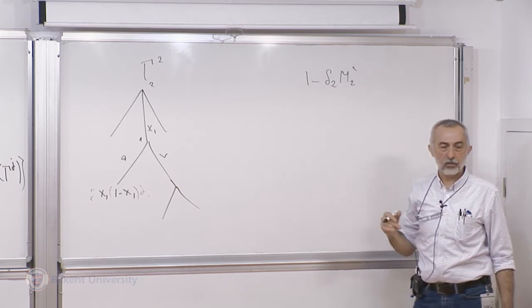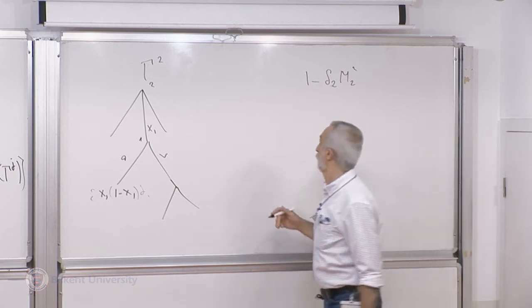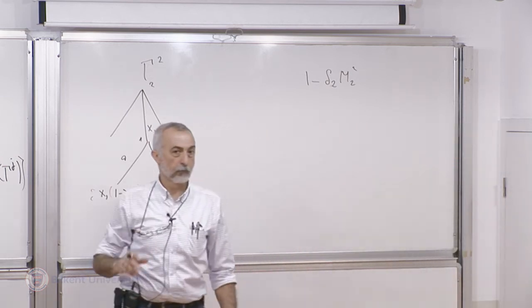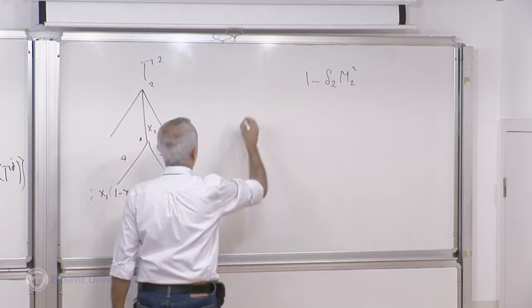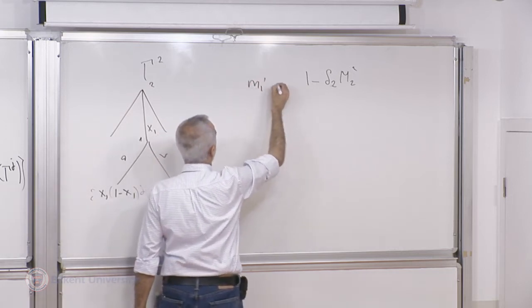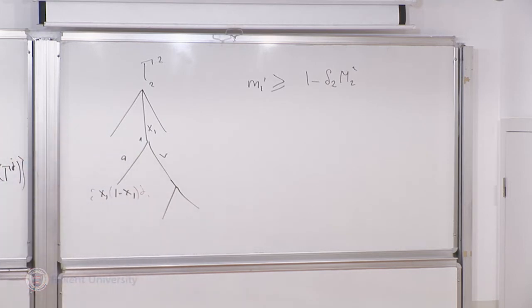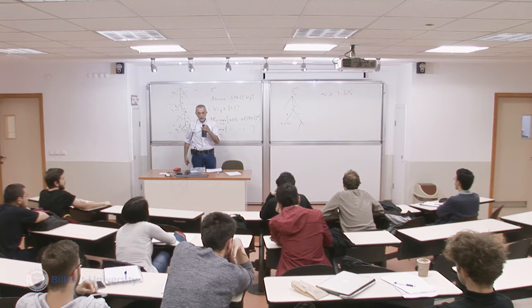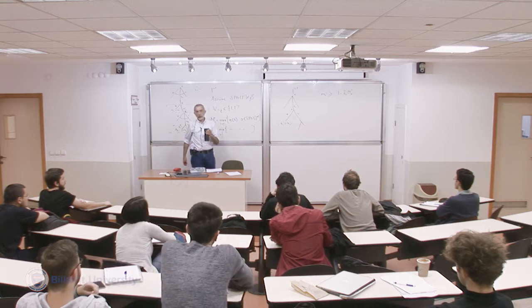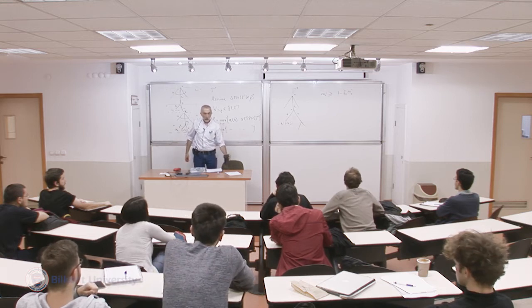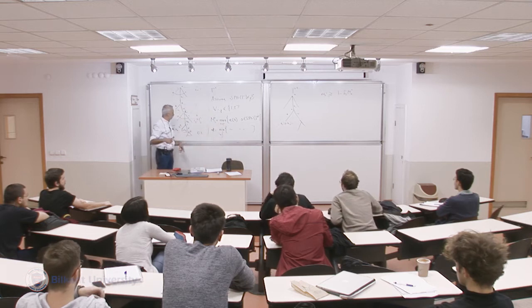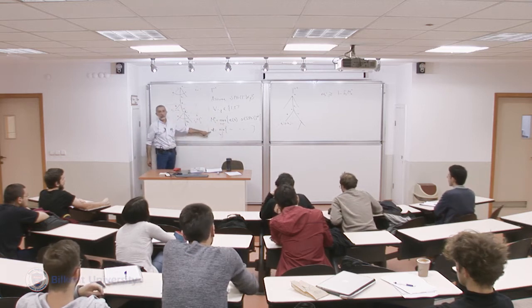What does that mean? No, exactly. M11 is greater or equal to 1 minus delta 2 M22. Okay? So far, so good? So that's one inequality we have. Well, what else? Now let's go back to what your friend roughly suggested.